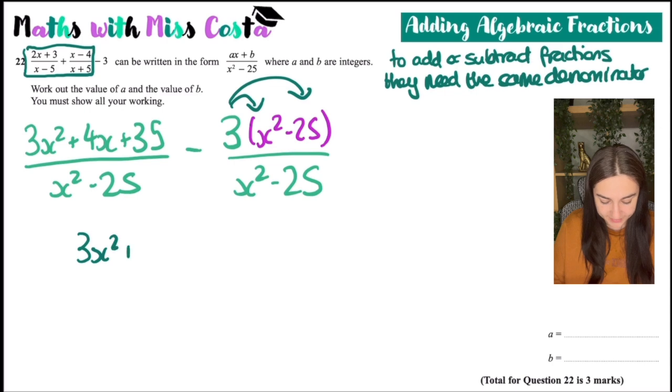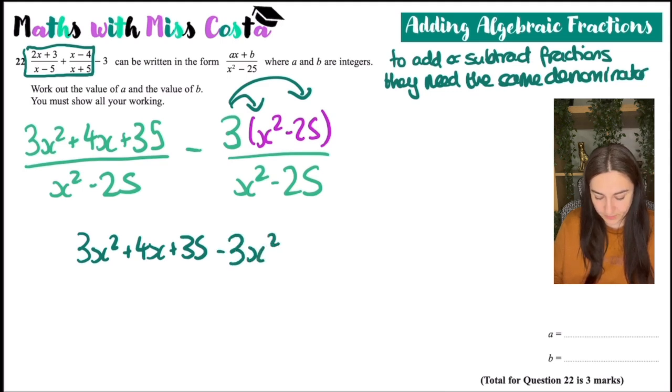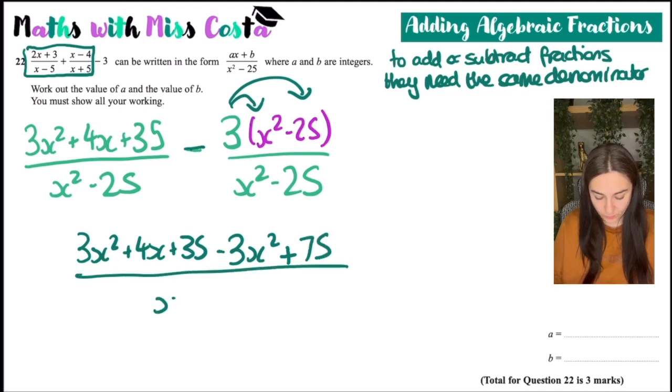I've got 3x squared plus 4x plus 35, and then take 3x squared, and then negative 3 times by negative 25 is going to give me positive 75. And all of this is over x squared minus 25.